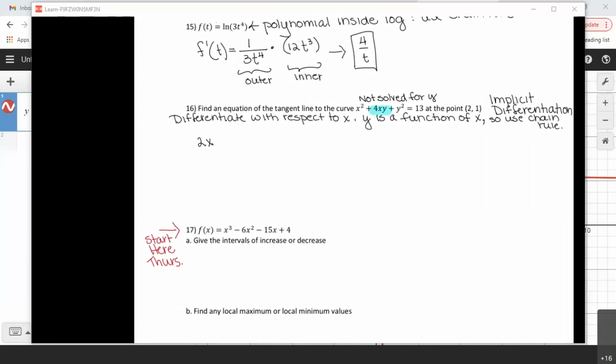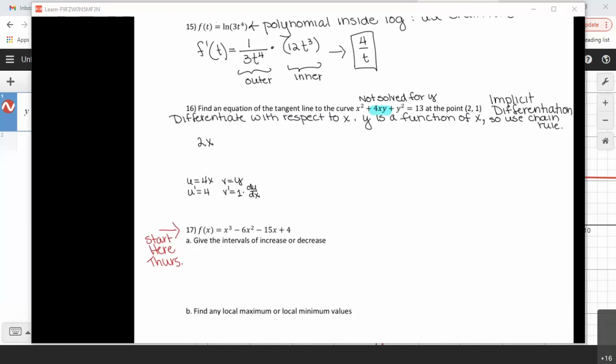I can do it like down here. Say u equals 4x, v equals y, u prime equals 4, v prime is the derivative of y, which is 1 times the derivative of the inner function, dy dx, because I can't see it.